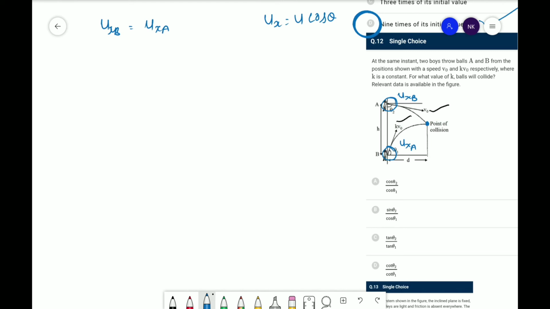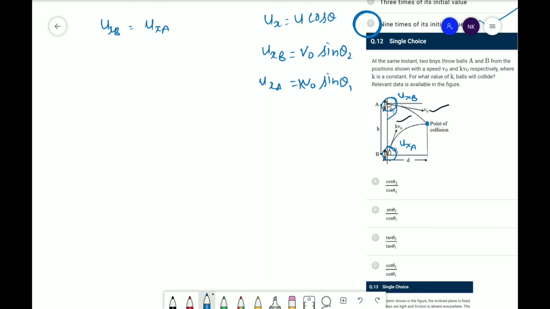Here this one is making an angle of 90 plus theta 2. Therefore uxb will be equal to initial velocity v naught cos of (90 plus theta 2), which means v naught sin theta 2. What about uxa? It is making an angle theta 1 with the horizontal, hence the component is kv naught cos theta 1.